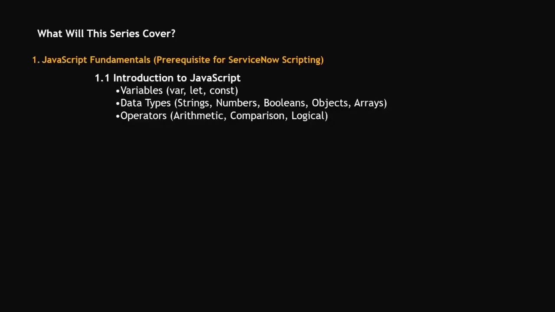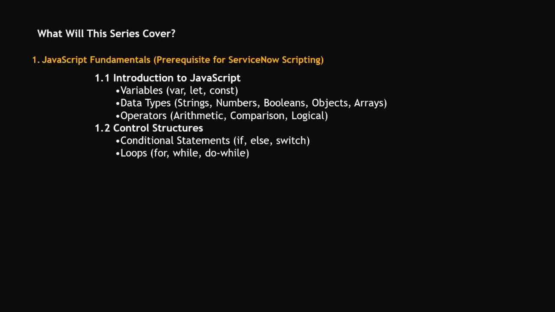So, what will this series cover? Here is what you will learn in this series. The first one is JavaScript fundamentals, which is a prerequisite for ServiceNow scripting. In these sections, we are going to cover an introduction to JavaScript, including variables, data types, operators, and then control structures like conditional statements, if, else, switch, and loops: for, while, do while.